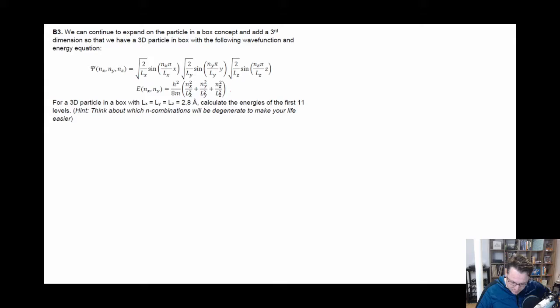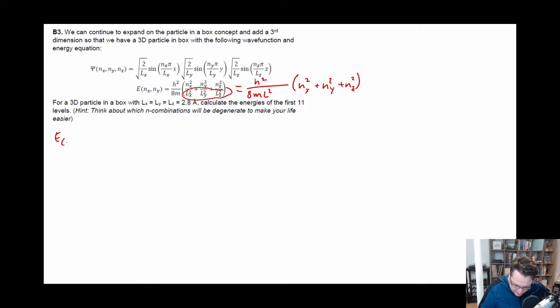As I mentioned before, if all the L's are exactly the same, you can just pull that out. So the equation is h squared over 8mL squared times n squared of x plus n squared of y plus n squared of z.